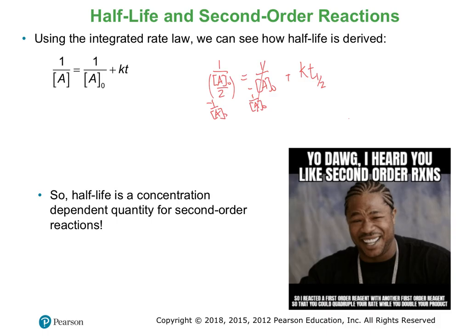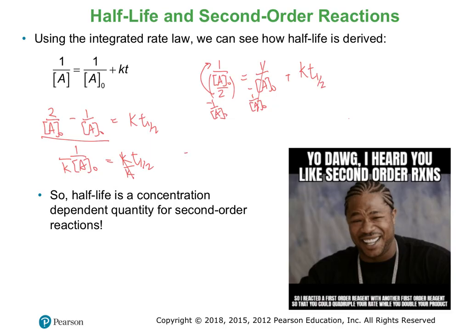Also, when I have 1 over A naught over 2, the 2 can flip above. So we'll get 2 divided by A naught minus 1 over A naught equals k times t1/2. So 2 over A naught minus 1 over A naught just gives us 1 over A naught. So this simplifies into 1 over A naught equals k times t1/2. To get the t1/2 by itself, we're going to divide by k.